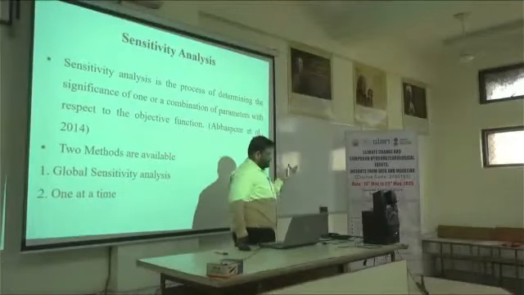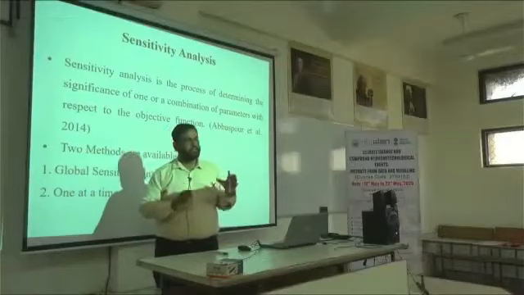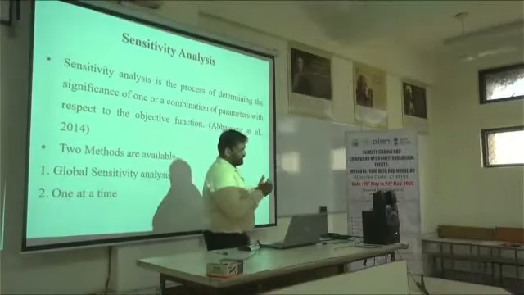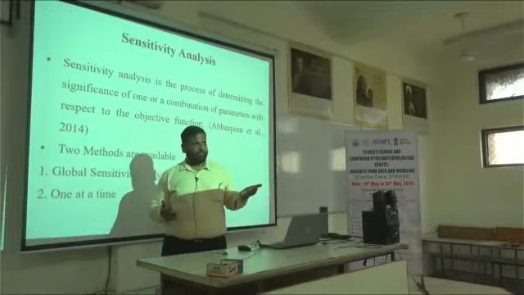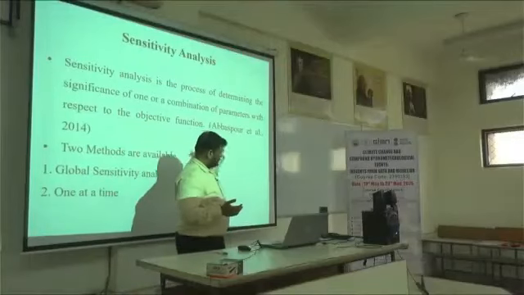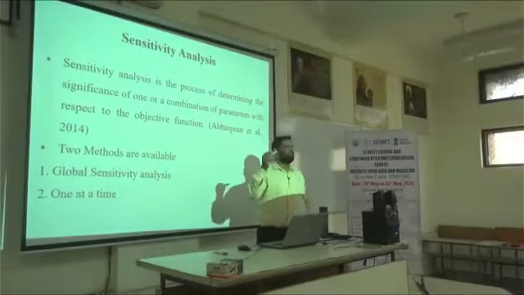As I have already told, each and every parameter has some range of values, like curve number varying from 0 to 100. Once we vary the curve number value, we have to rerun the model and check the output. If we get a different output, then that particular parameter is a sensitive parameter.